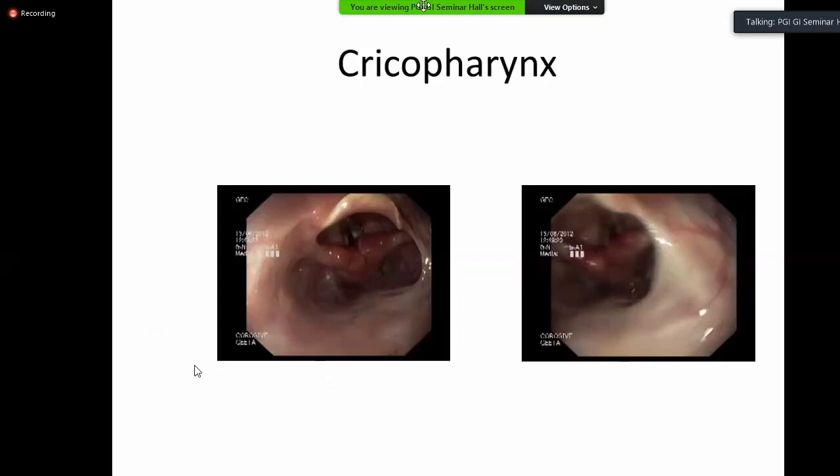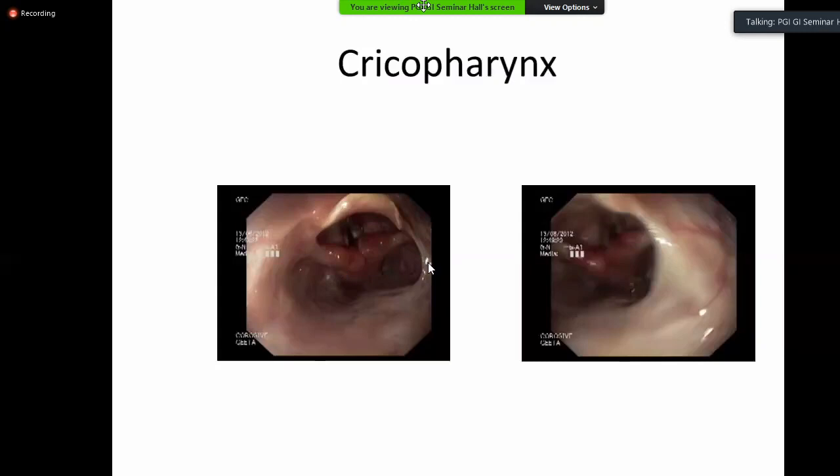When you start with esophageal endoscopy and pass the scope beyond the pharynx into the esophagus, you have to look at the cricopharynx. This is an example of a corrosive patient who had scarring and adhesions in the cricopharynx. You look at the arytenoids, you look at the adhesions here.